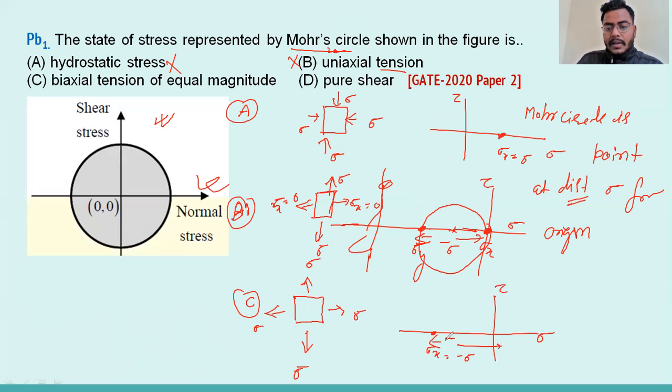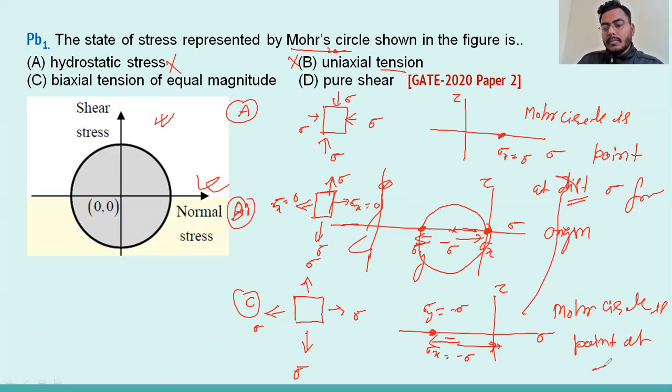Sigma y is also here. It will coincide. So in this case, the Mohr circle is a point at a distance of minus sigma from the origin. So by seeing this figure, option C is also not correct.